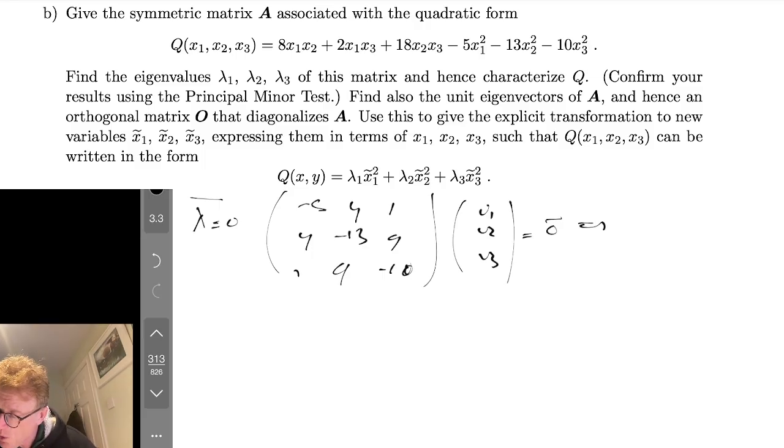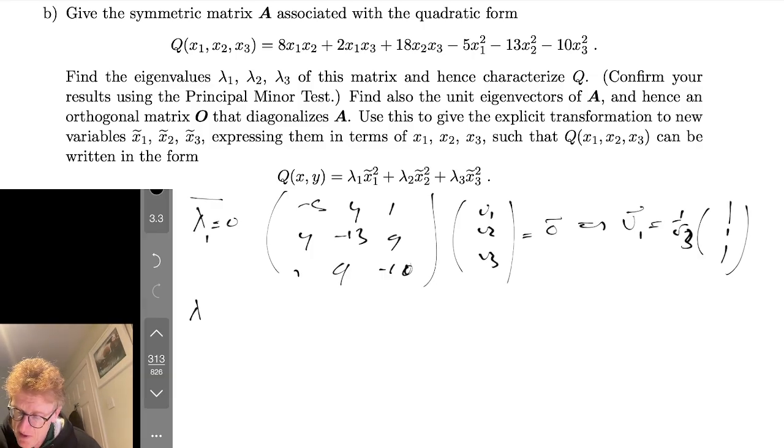Well, this you have to solve, but the solution which you have to find is 1 over 3, 1, 1, 1, which you can easily spot, but otherwise solve the system.